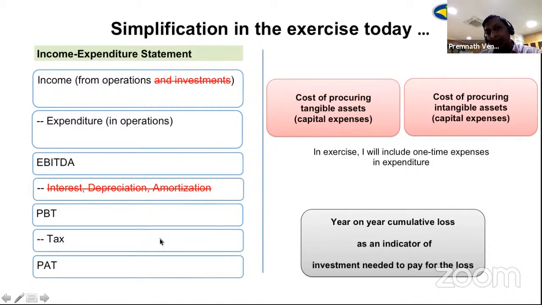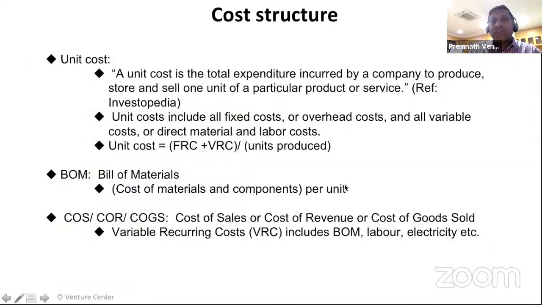That means suppose there's a loss and you keep adding year on year a loss, the total number is an indicator of the money that you need in the company to pay for that loss, right? So I will not worry about things which are, say, held up with a distributor in inventory and so on. I will just focus on understanding the cumulative loss and treating it as a measure of how much money I need in the company to overcome that loss. Okay. And so that is what I'm going to do in the sheet today.